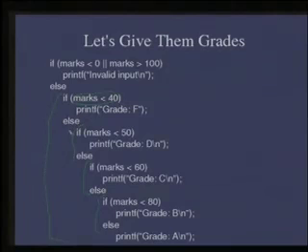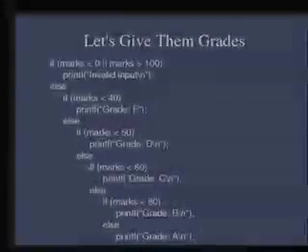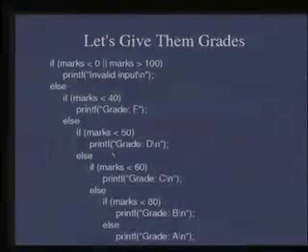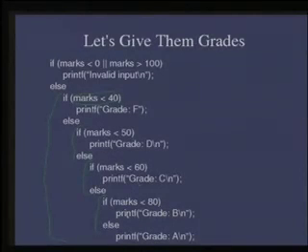This means that if we are executing this particular if-else statement, then the marks are guaranteed to be 40 or more. And of course, if we are executing any of these statements, then we know that the marks are between 0 and 100. And similarly, if we execute this if-else statement, that means that the marks must be 50 or more. And so if they are less than 60, then we give the grade C, and so on and so forth.